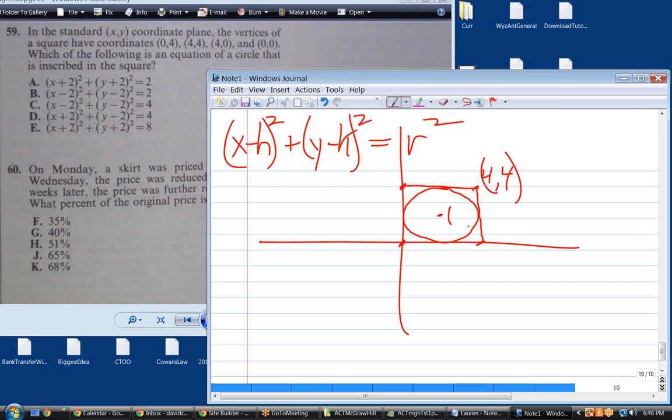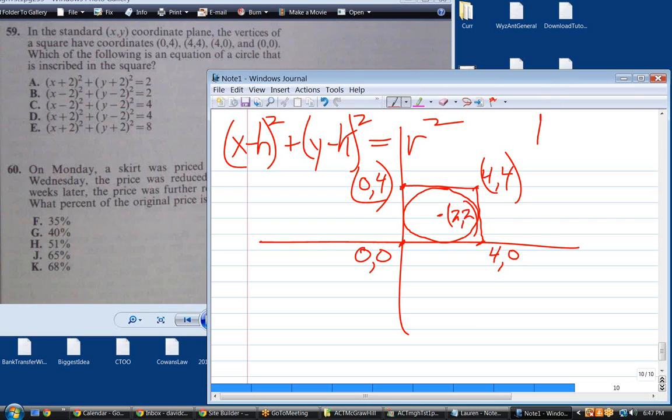What are my coordinates of the center here? If this point is 4, 4, and this point is 4, 0, and this point is 0, 0, and this point is 0, 4, what are the coordinates of the center of that circle? Wouldn't it be half of each point? So, what is it? 2, 2. Okay.